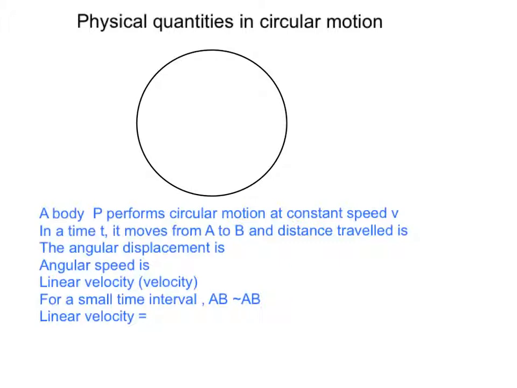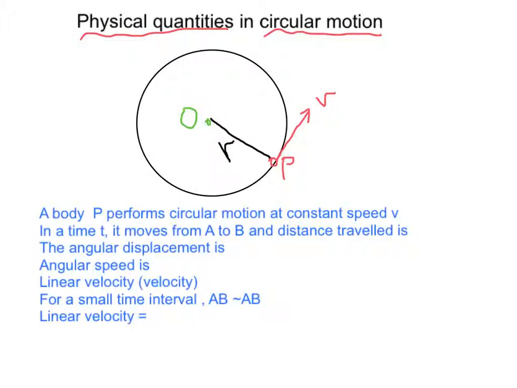Let's look at some physical quantities in circular motion. Consider a body P performs circular motion at a constant speed or velocity v. Let O be the center of this circle, and let R be the radius of this circle.